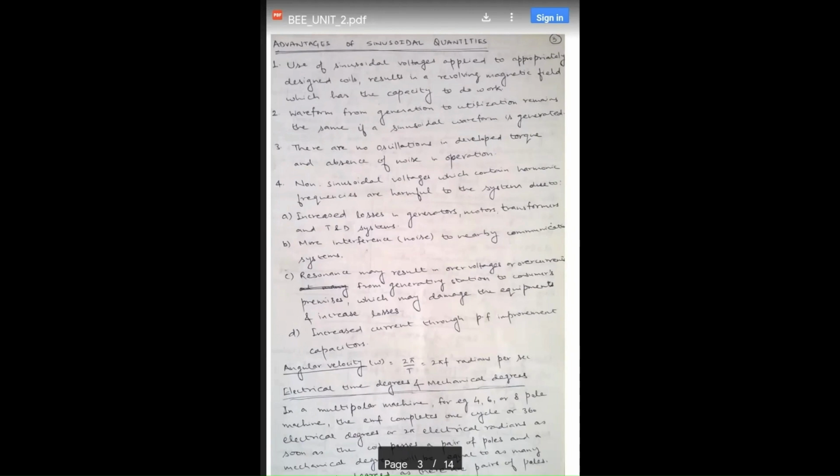First of all, the generating stations are not near to us, that is, not near to the load centers. So first of all, transmission of the voltage is to be done. Whenever the transmission of the voltage is to be done, its magnitude is increased.